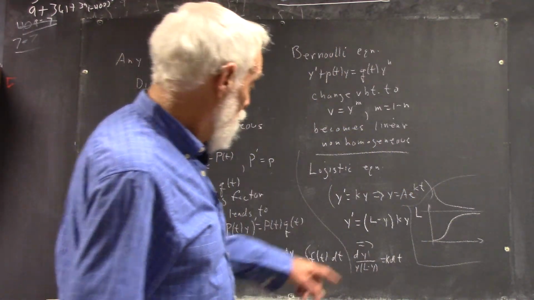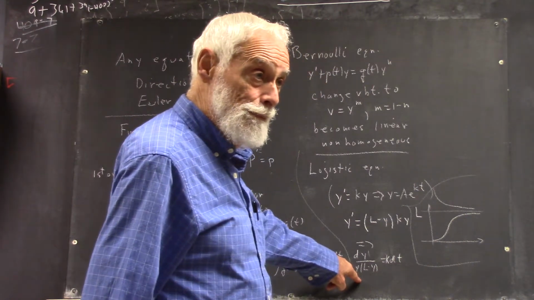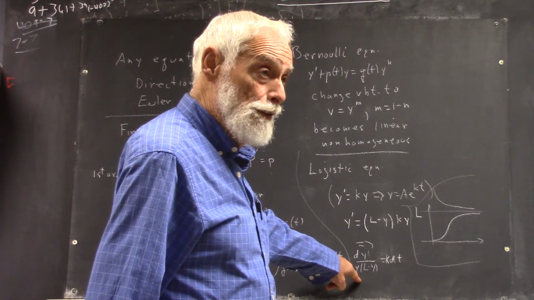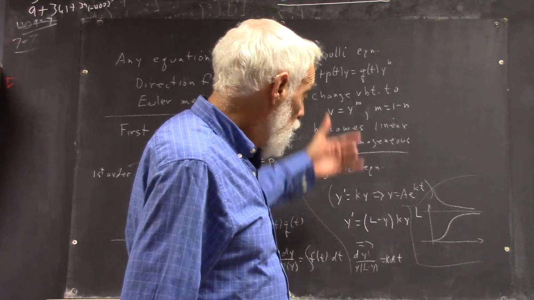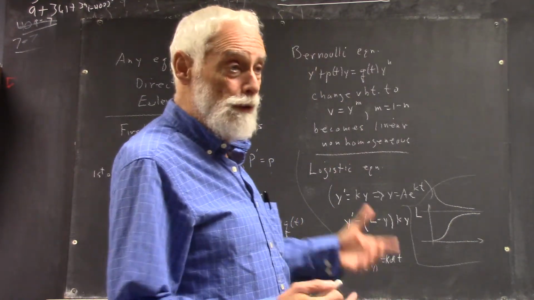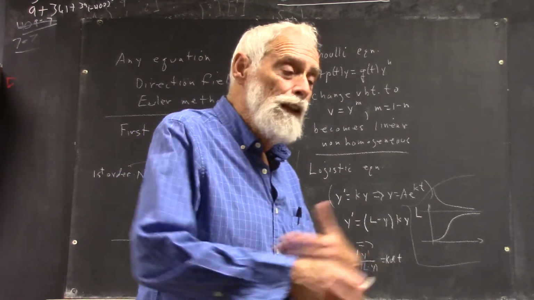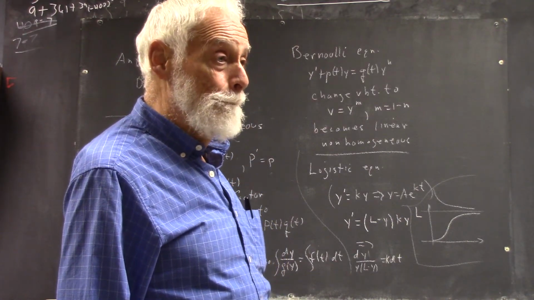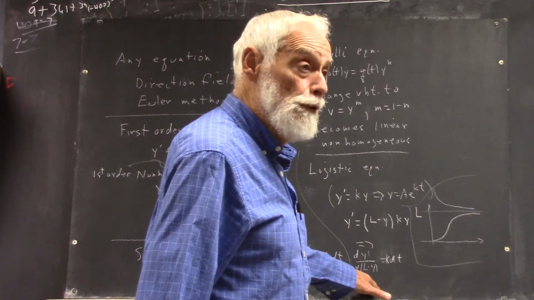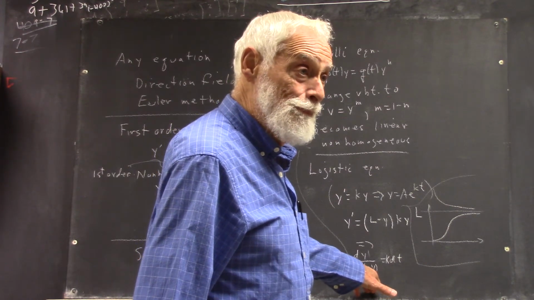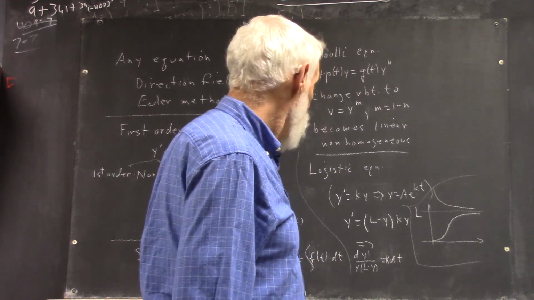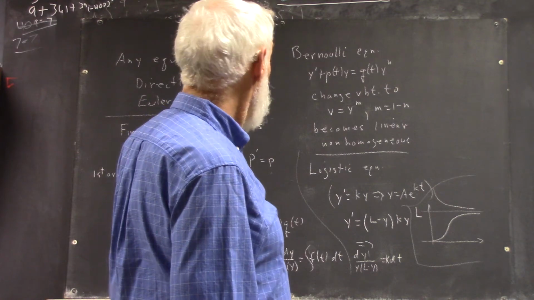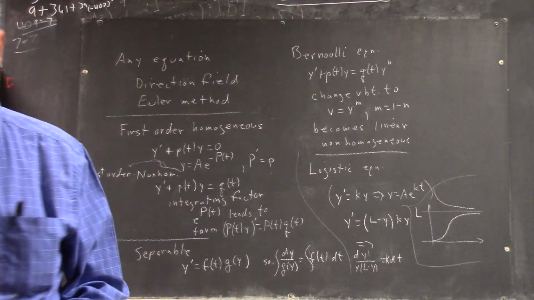You got to use partial fractions to integrate that. So you're going to end up with a natural log of y and a natural log of L minus y. One will be negative, one will be positive, and then you just do the algebra to get a solution, okay? And you should recognize what the solution looks like so you know if you got one. Okay, well, out of space here, but we'll go on in a minute.